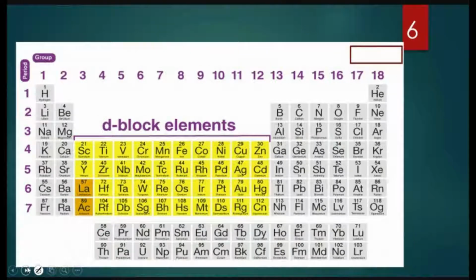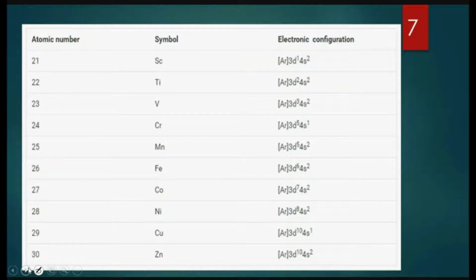And here I have taken the first transition series of elements, which starts from scandium and ends with zinc. Here we have mentioned the atomic number, atomic symbol of the first transition series of elements, and their respective electronic configuration. You can see scandium, whose atomic number is 21, has electronic configuration argon core 3d1 4s2, whereas titanium, whose atomic number is 22, has electronic configuration argon core 3d2 4s2, and so on.